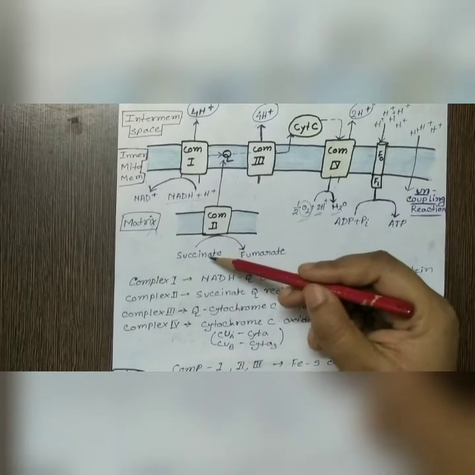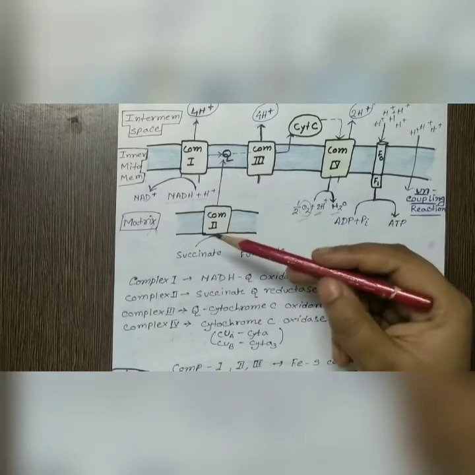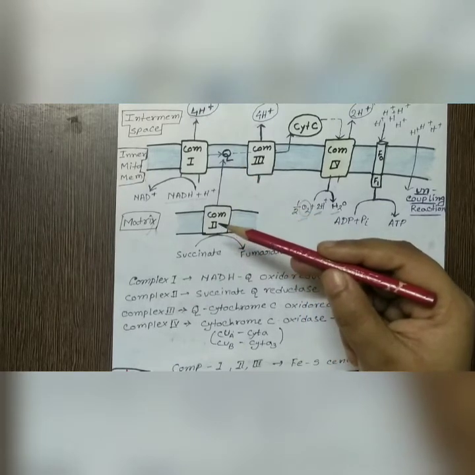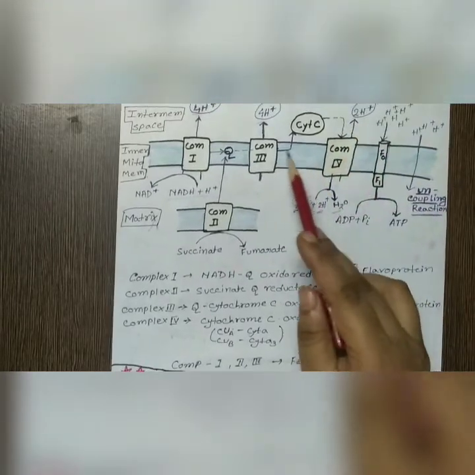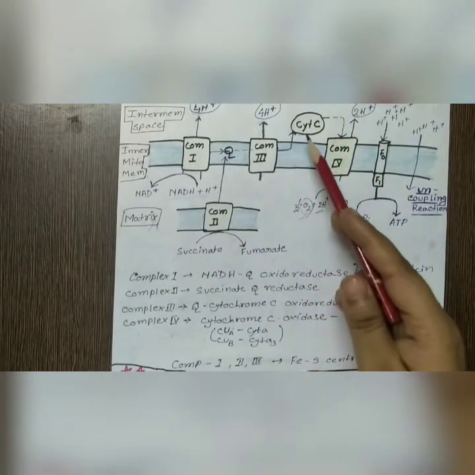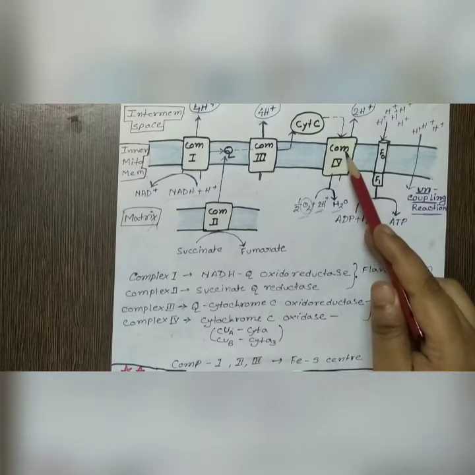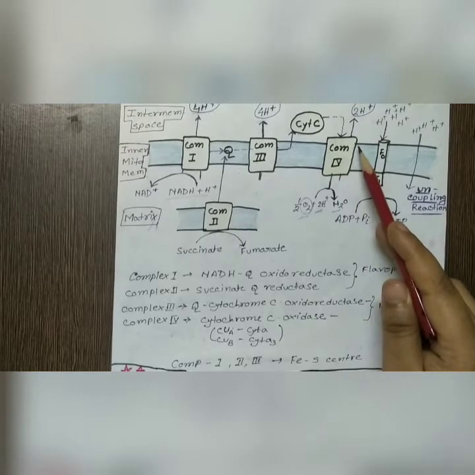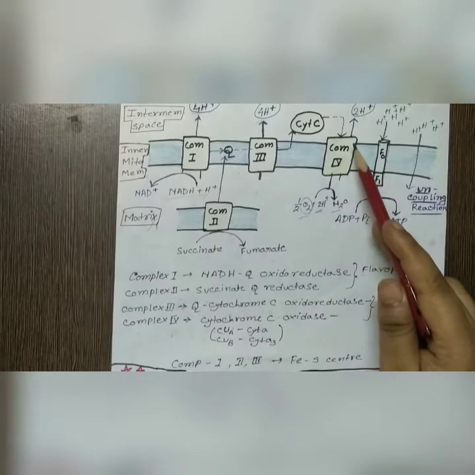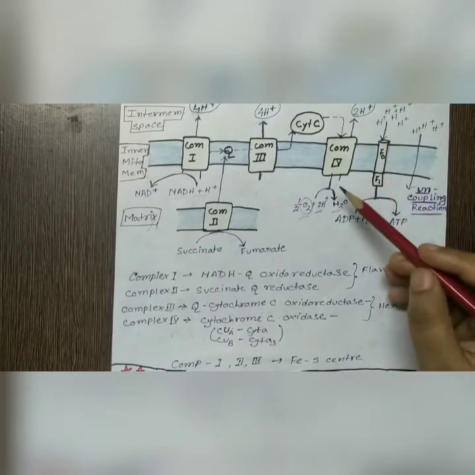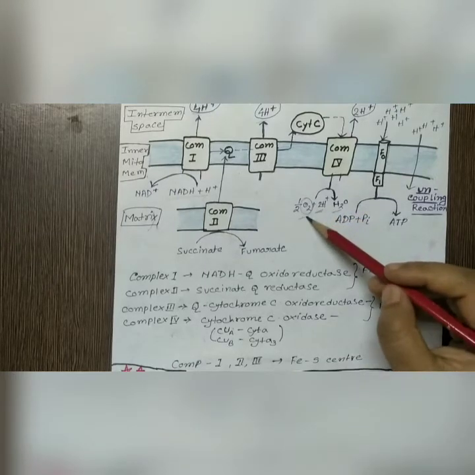Because it takes electrons from succinate and gives electrons to Q. Complex third is called Q cytochrome C oxidoreductase, right? Complex 4 is called cytochrome C oxidase, right? Complex fourth is an oxidase because it helps in the formation of water from oxygen.